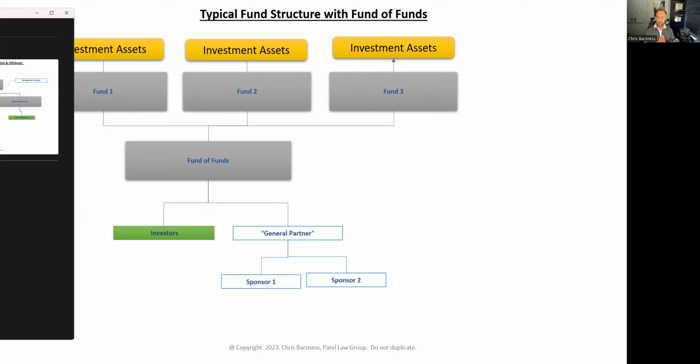So they're pooling their capital in the fund of funds to be able to write a $250,000 check to get into fund number one. So it allows the underlying investors of the fund of funds access to diversification, into potentially larger investment opportunities that they might not be able to get into on their own.